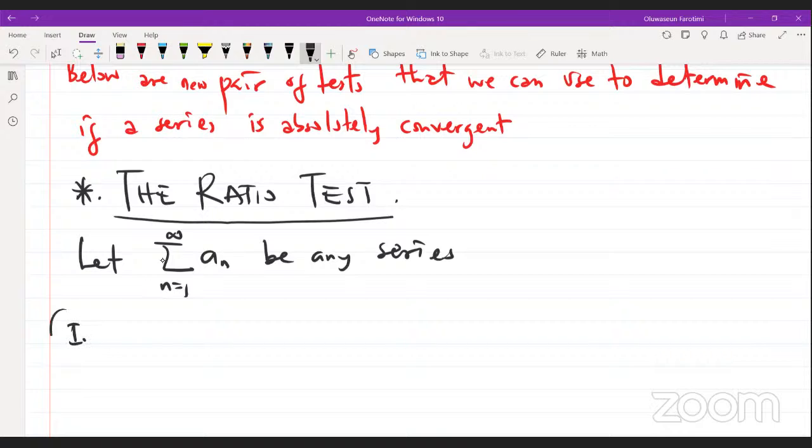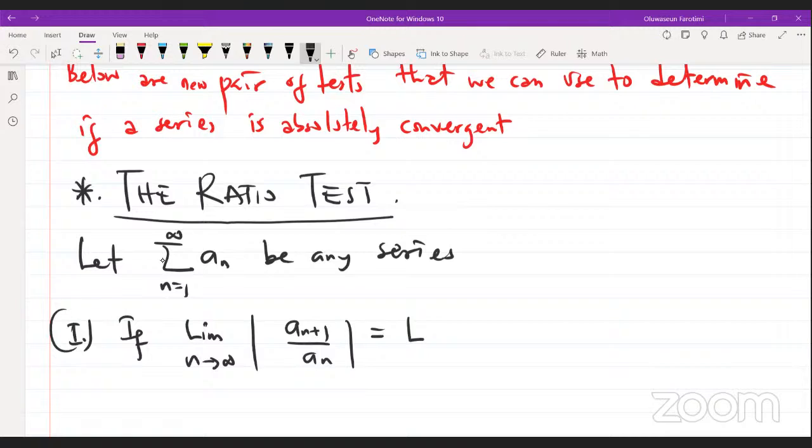Number one, if the limit as n goes large of this guy equals L, if you check the limits, well, if L is less than 1, then this guy is absolutely convergent.